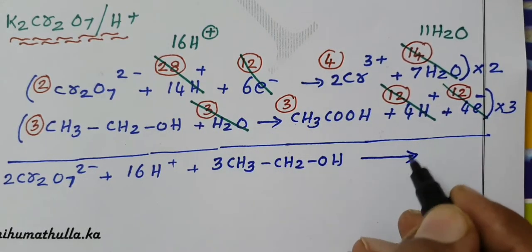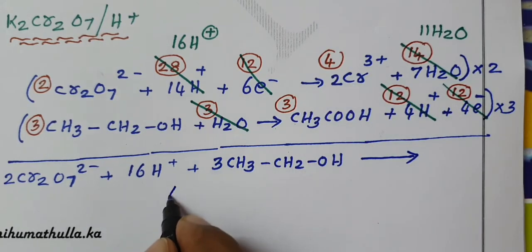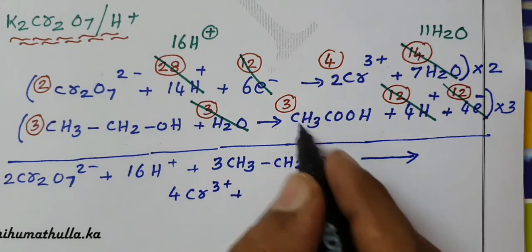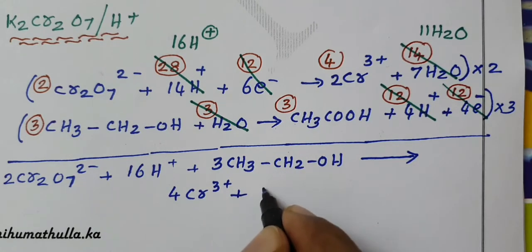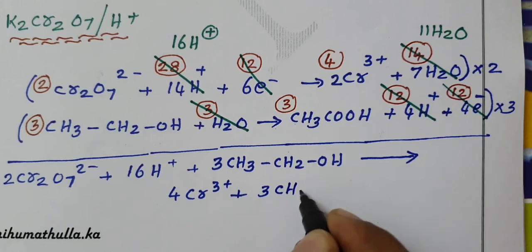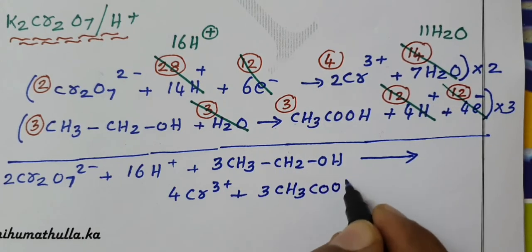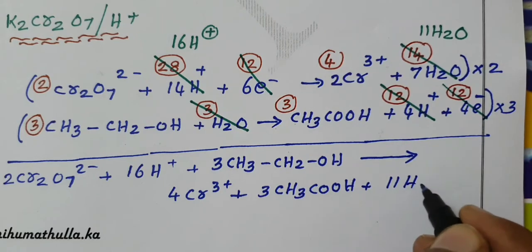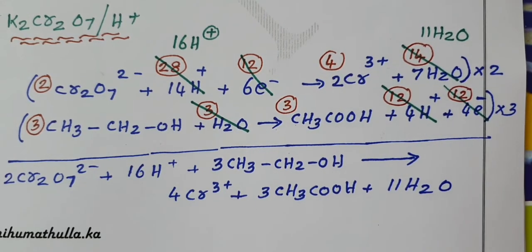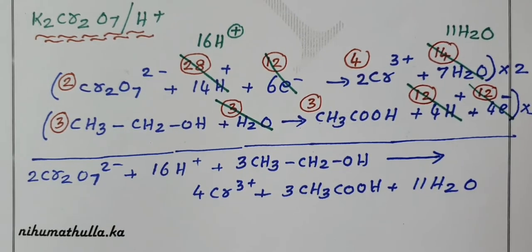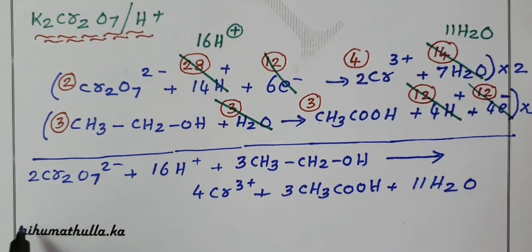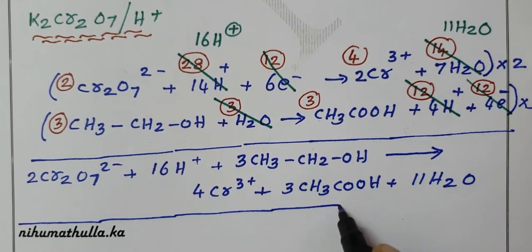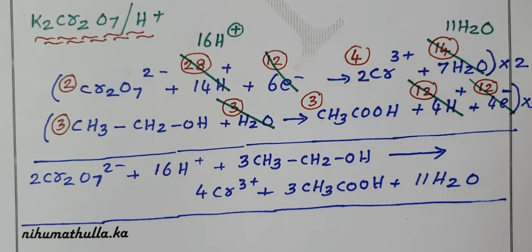Gives, come to the product side: 4 Cr3+, how many acetic acid? 3 molecules of acetic acid, CH3COOH, plus how many water molecules? 11 water molecules. This is the ionic equation of oxidation of ethyl alcohol into acetic acid by acidified potassium dichromate.